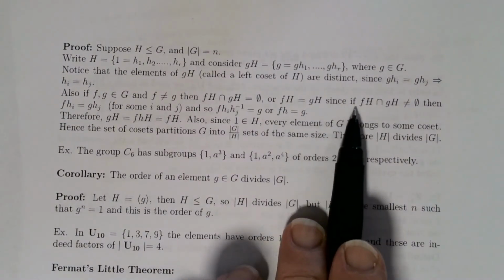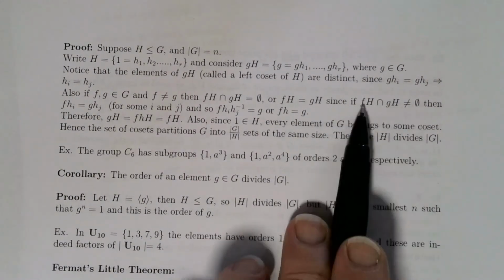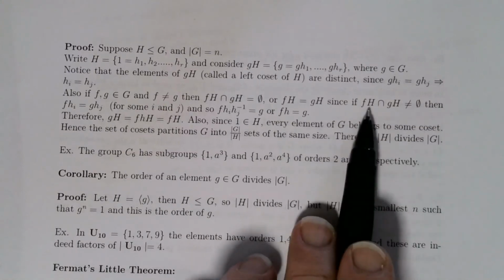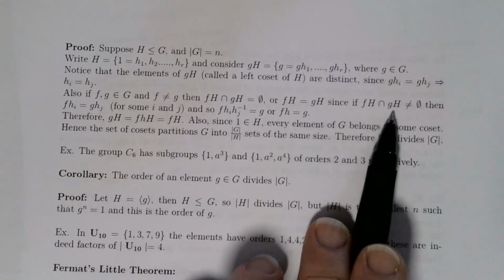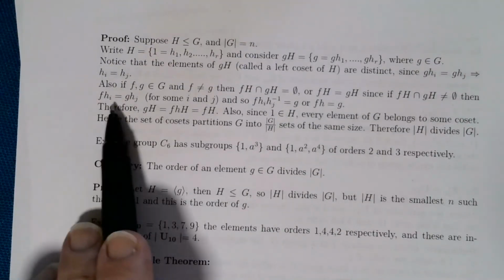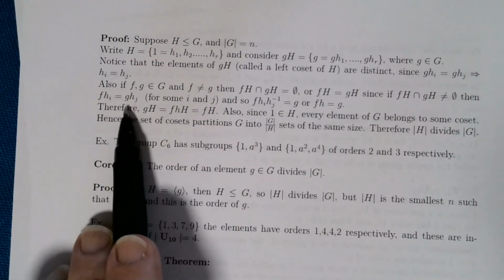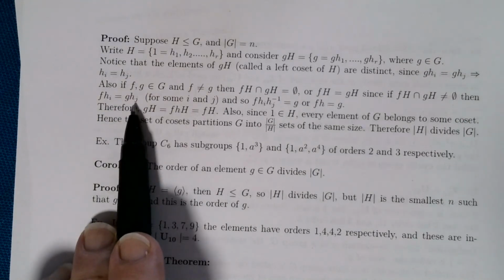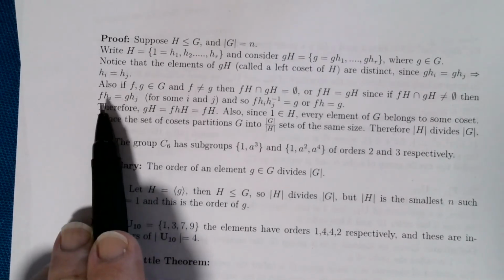Well, if it's not empty, then there is something in the intersection, and that means f h_i equals g h_j. So there's some object that belongs to both of these. If it's in fH, it must look like f h_i.